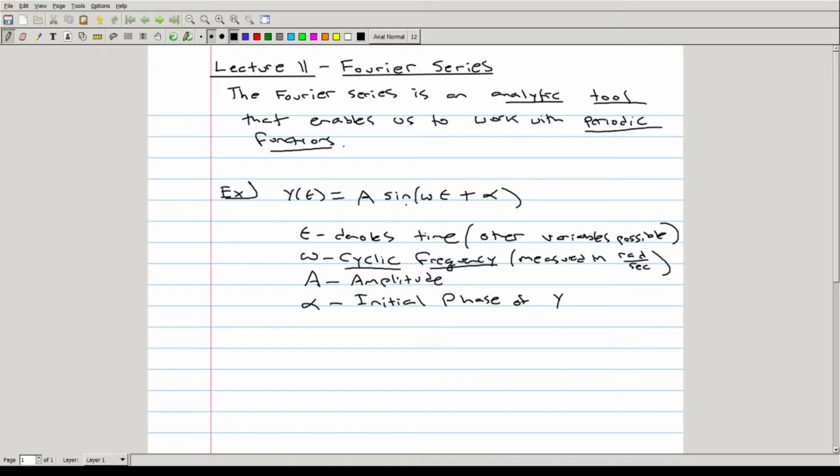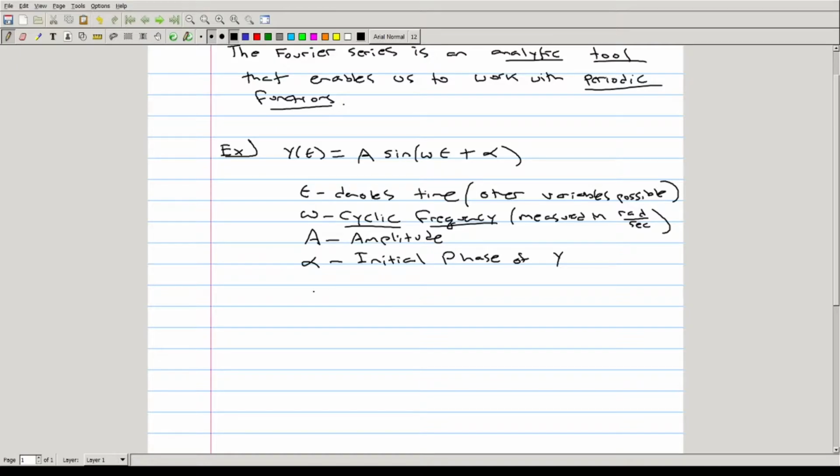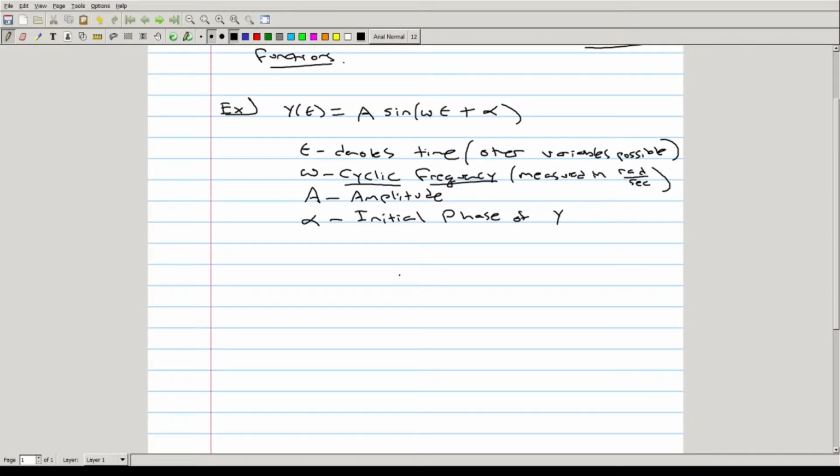So that's going to be the value of this function at t equals 0. So alpha is directly related to the initial value of t.